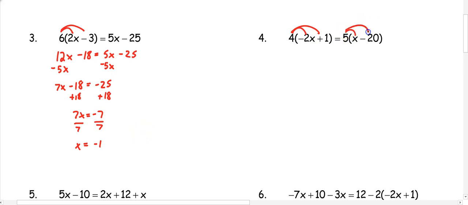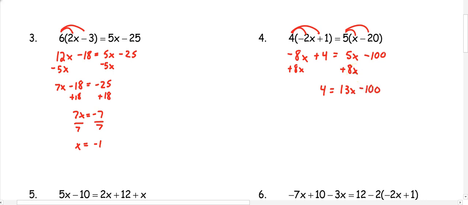In number 4, I can distribute 4 to both things in the parentheses for the first problem and 5 to both things in the second problem. So I get negative 8x plus 4 equals 5x minus 100. So in this case, the smaller variable is negative 8x. So we're going to add 8x to both sides. And we get 4 equals 13x minus 100.